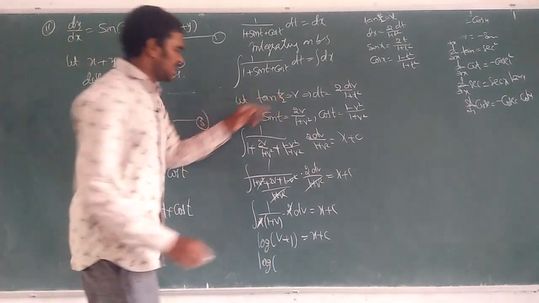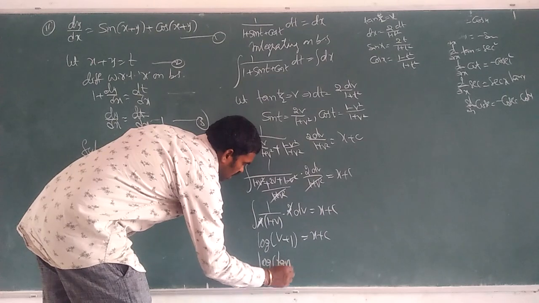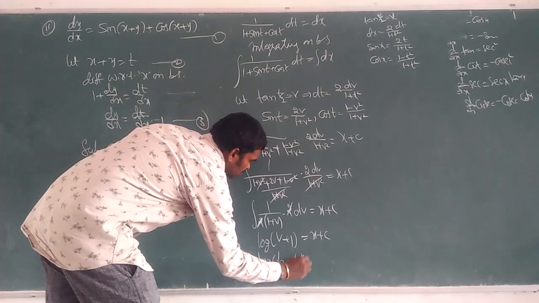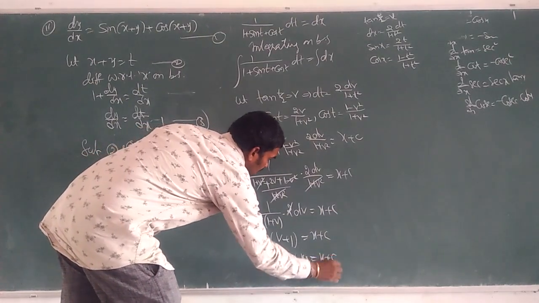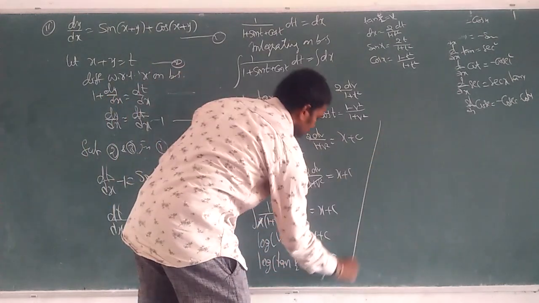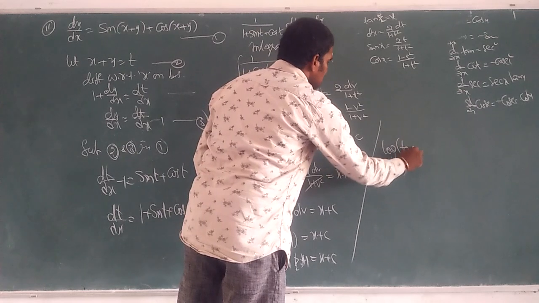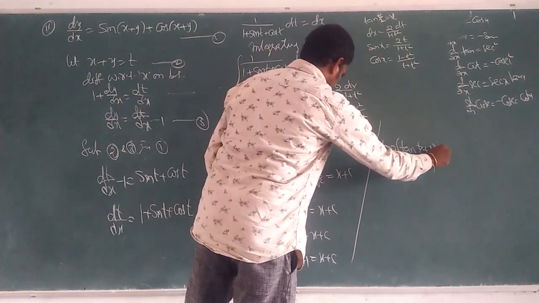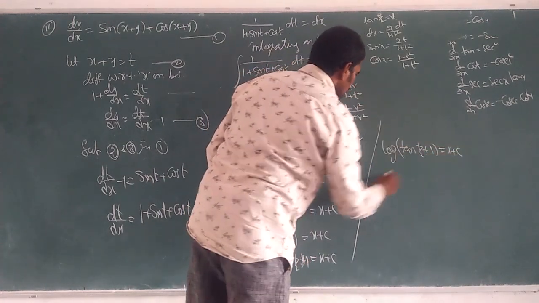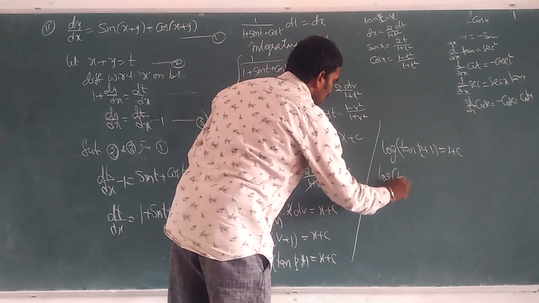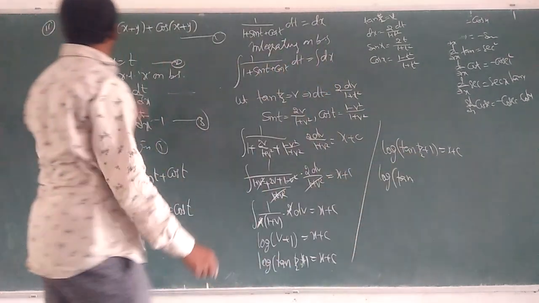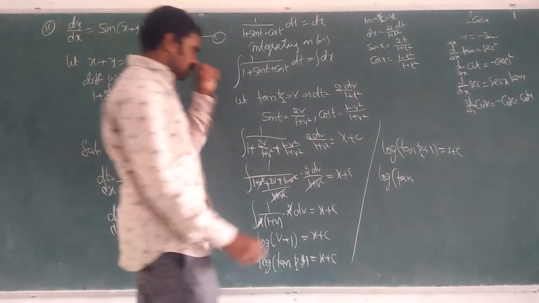B means tan t by 2. So, log of tan t by 2 plus 1. And again, what is t? Okay. So, log of tan t by 2 plus 1 is equal to x plus c. So, the next step again, log of tan. T means what again? T means x plus y by 2.